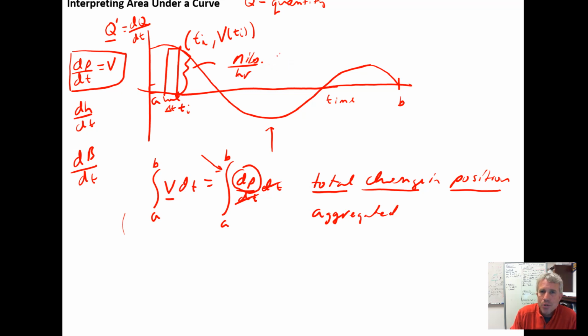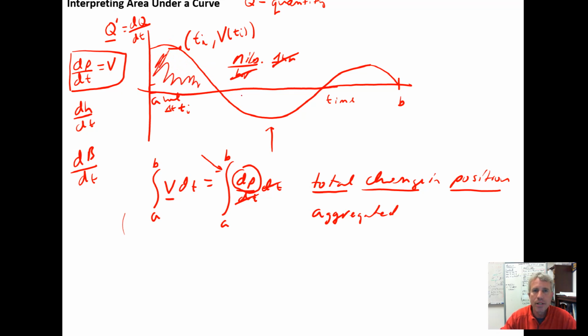So hours times change in hours gives you miles. So if I have a velocity function, the area under the curve is going to tell me the total miles that were aggregated while I traveled at the different velocities I took on along the path. So bottom line is, when we have the area under the curve, it gives us the aggregated change.